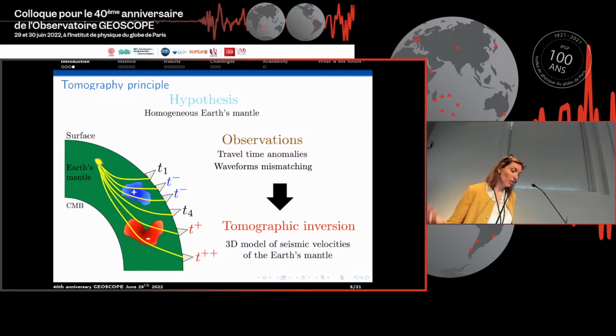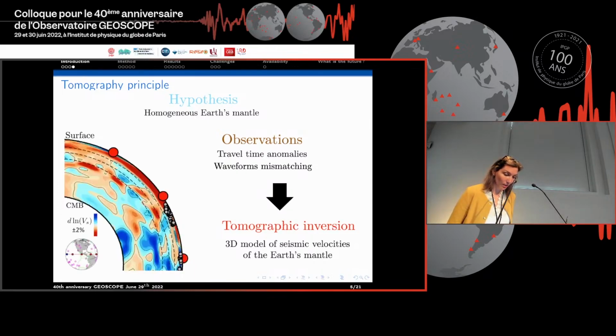And what you do is that you compare your prediction to these observations, and when there is a mismatch, you can improve your model. And actually, when we do this exercise with enough arrays and crossing rays, with a good coverage, you can constrain quite well the size and the amplitude of these velocity anomalies. So you end up with a 3D model of seismic velocities that you are all familiar with, like the example here.